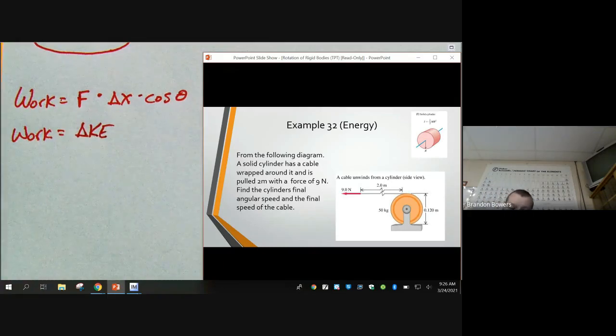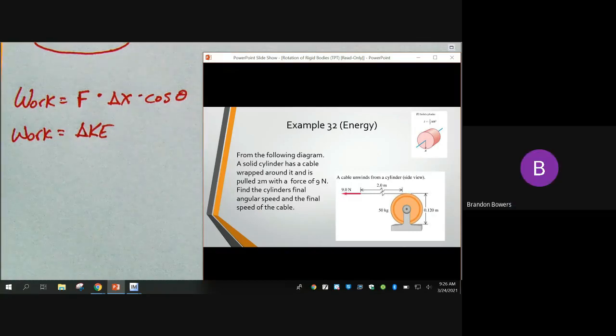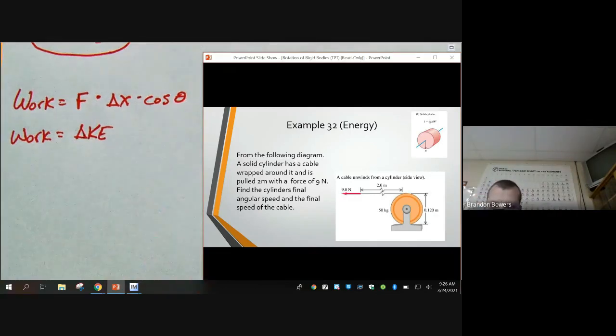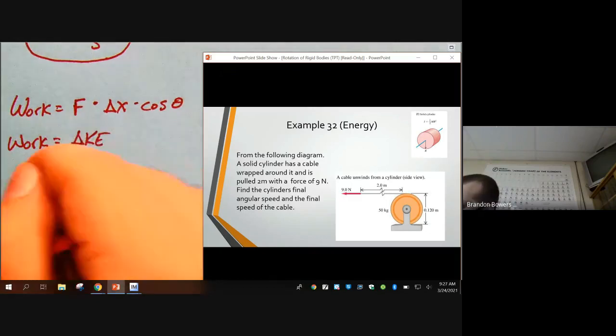So, what happens if we have those 2 equal to each other? Okay. If we put these equal to each other, what's my force in my problem? 9.